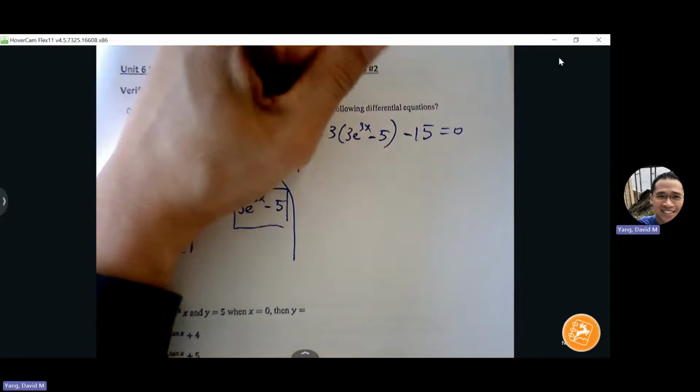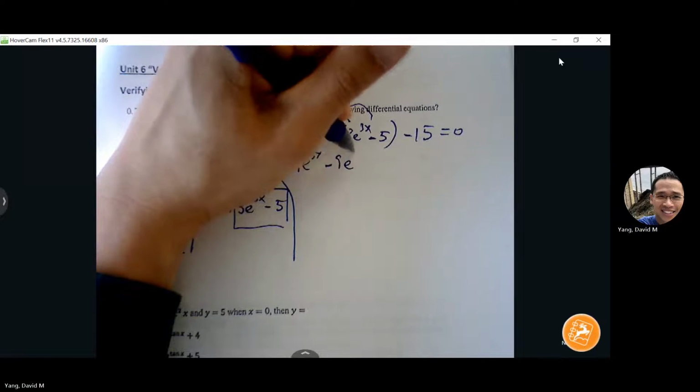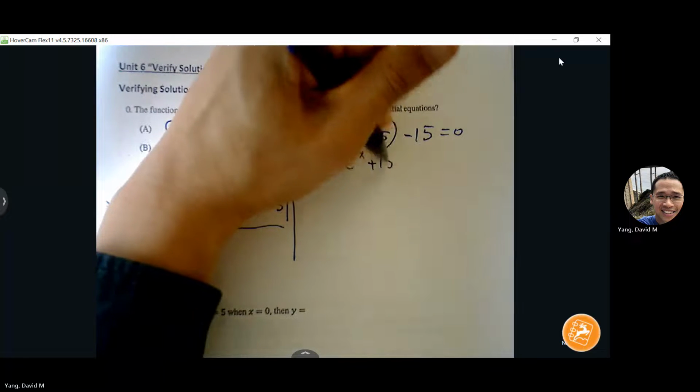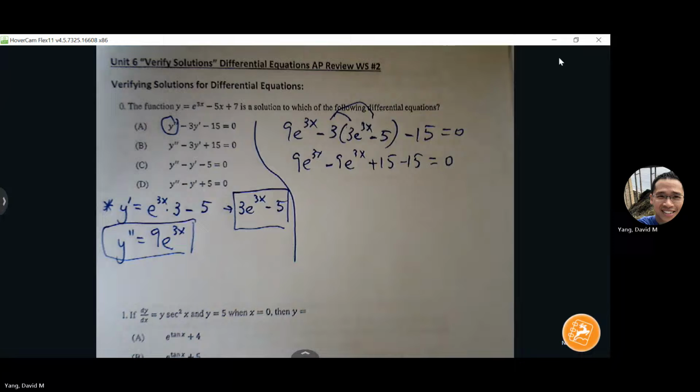So 9e to the 3x, distribute the negative 3 through. Does that end up being a true statement? Does everything cancel out to be 0? Yes. Okay, so that's our answer choice there.